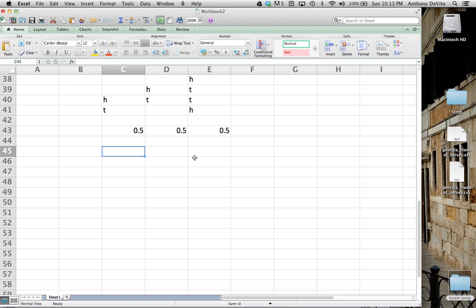For instance, if I told you the probability that a person had high blood pressure in a population was 21%, 21% of the population has high blood pressure, P equals 0.21.